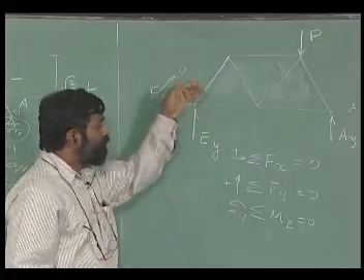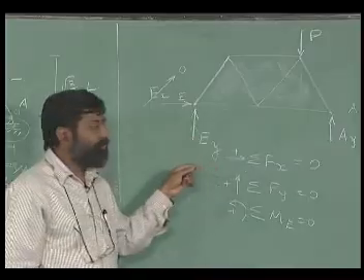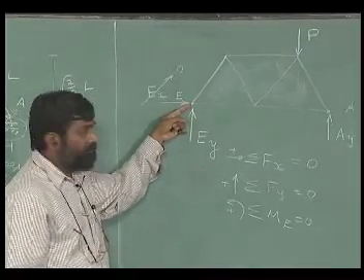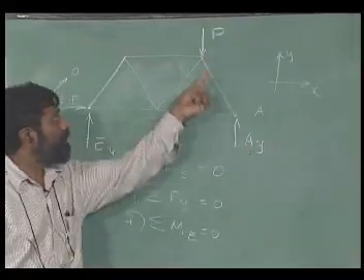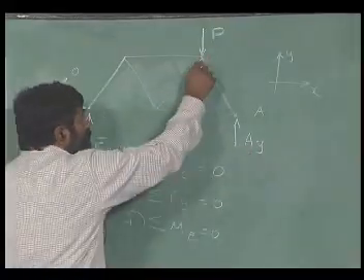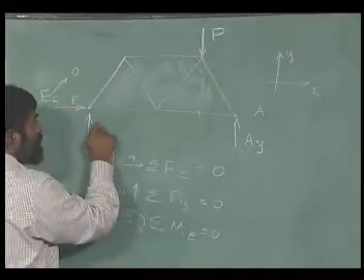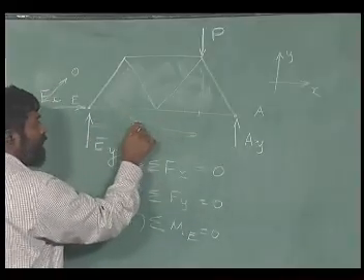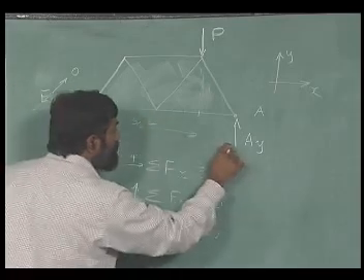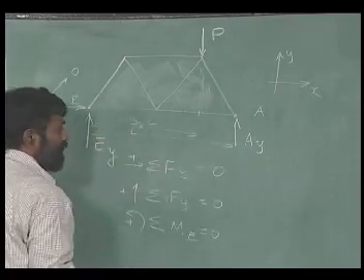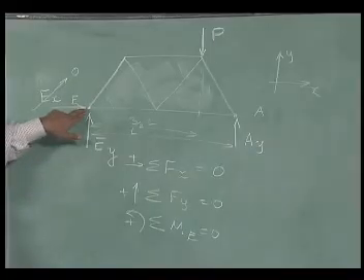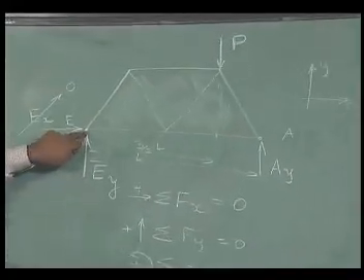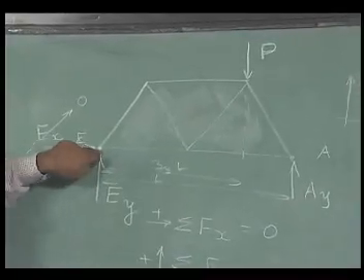Instead of taking vertical equilibrium and moment equilibrium, I will take moment about this particular point, which will involve AY and P. This distance is L plus 1 by 2, which is 3 by 2L, and this distance is L, and therefore if I take moment about this, AY gives a positive sense, P gives a negative sense.